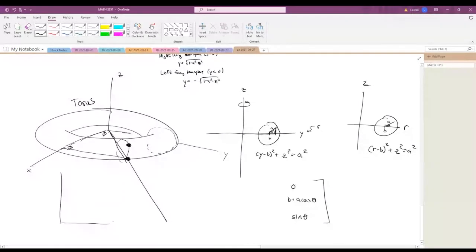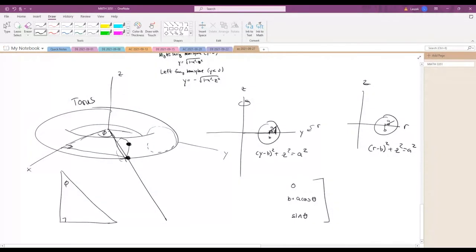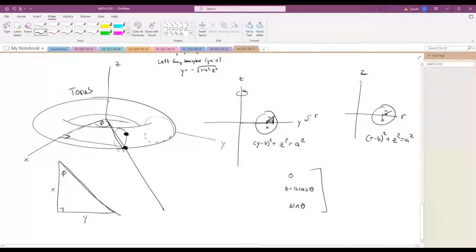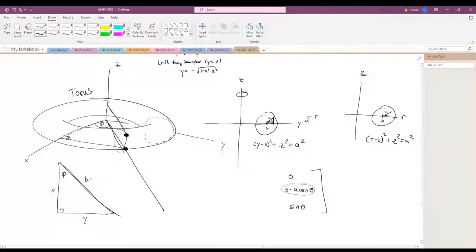So let me just be clear about that. Here's phi. Let's say that represents the x coordinate, this is the y coordinate, and this is just how far we're away from the z-axis. So that's just given by the r coordinate, if you will, or the y coordinate.